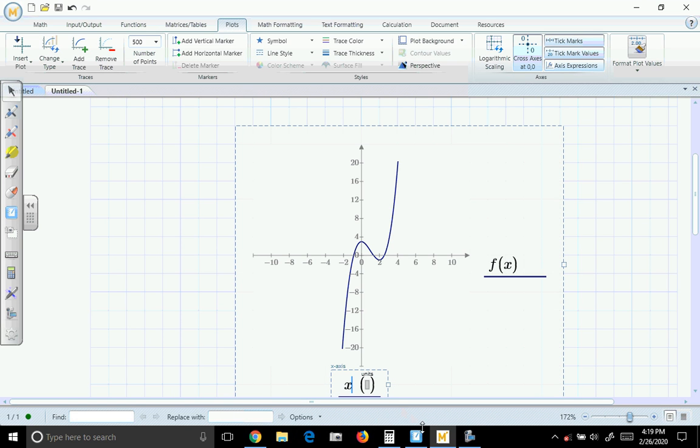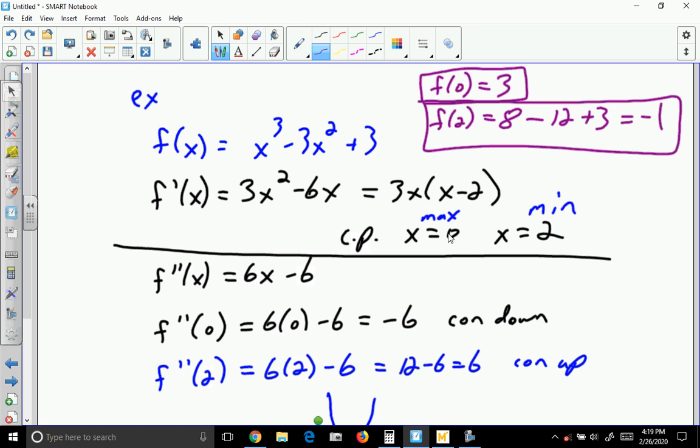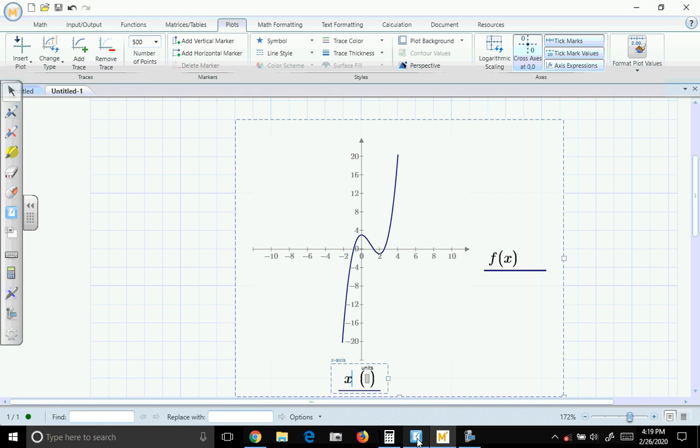So one critical point at 0, that's our maximum. One critical point at 2, that's our minimum, which is exactly what we saw here. And that kept us from having to plug in a test point on the left side and the right side to find out our slope on each side. So we tested specifically at the critical points, tested the concavity, and that told us where our maximum and minimum were.